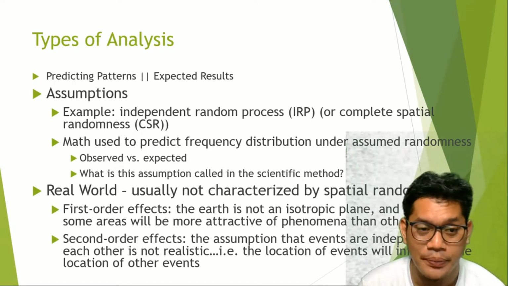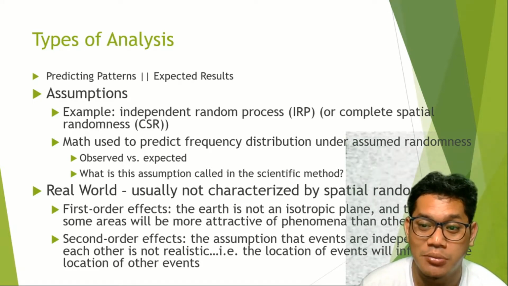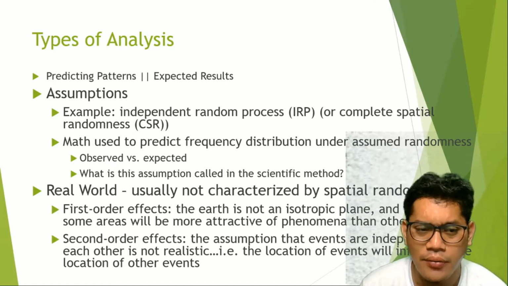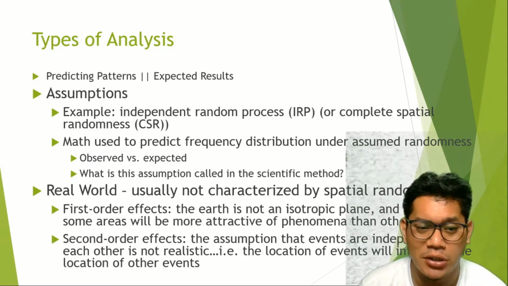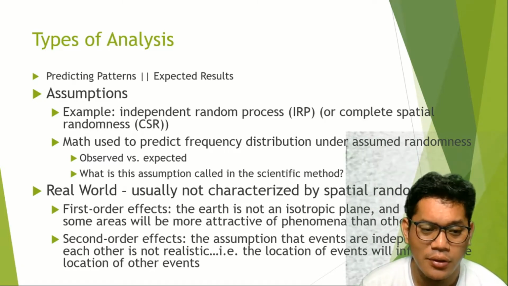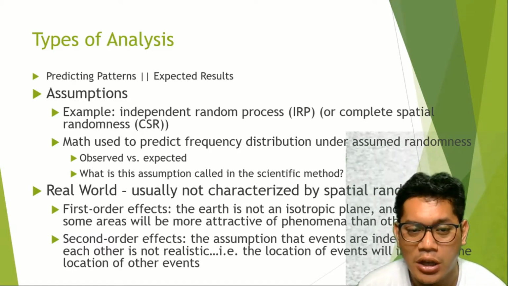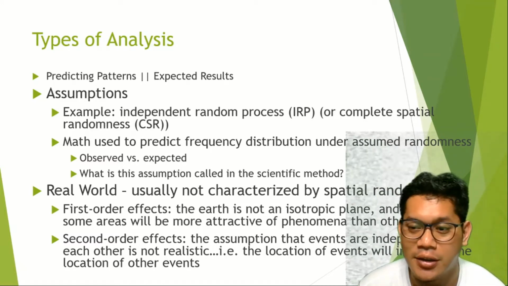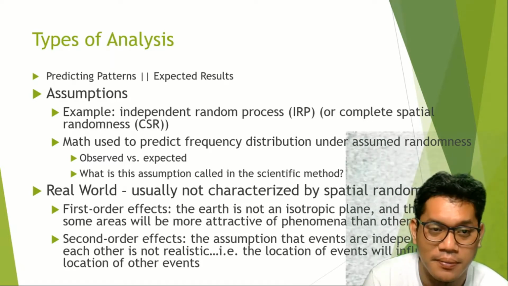Mathematics will be used to predict the frequency distribution under certain specific randomness. However, the real world is usually not characterized by spatial randomness. But in order to simulate the real world, we approach this kind of process to construct the probability of randomness that can be generated.